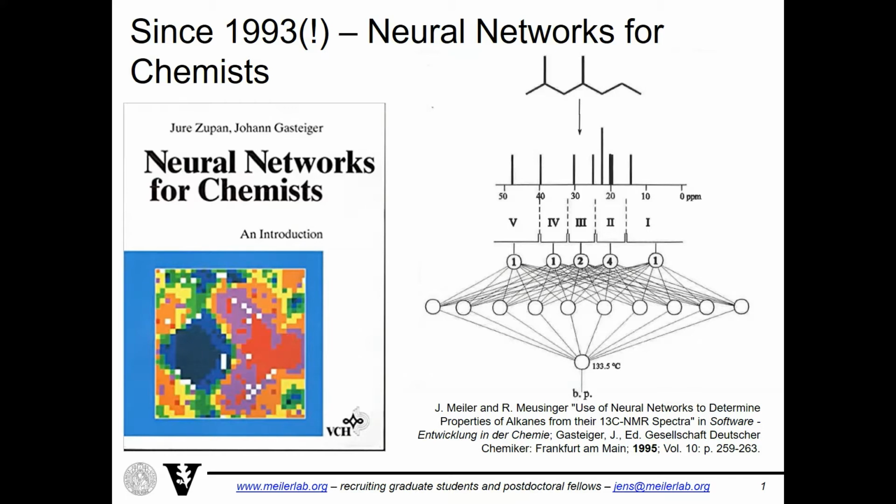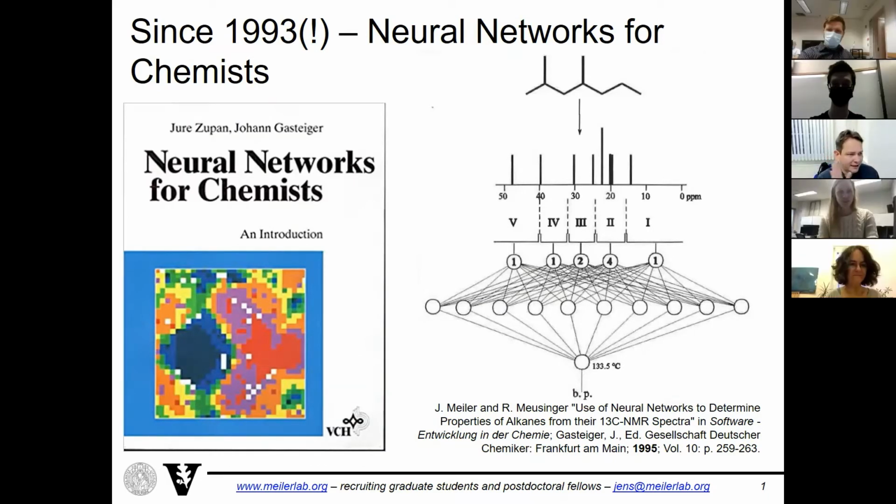And this group was founded by Johann Gasteiger, who was a professor in Erlangen at the time. And he had a friend, Jure Supan. I think it was some Scandinavian country. I'm very sorry, Hungary or Czech Republic or something like that. I would have to look it up.